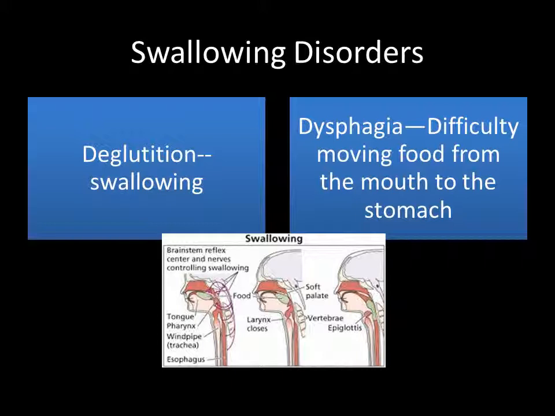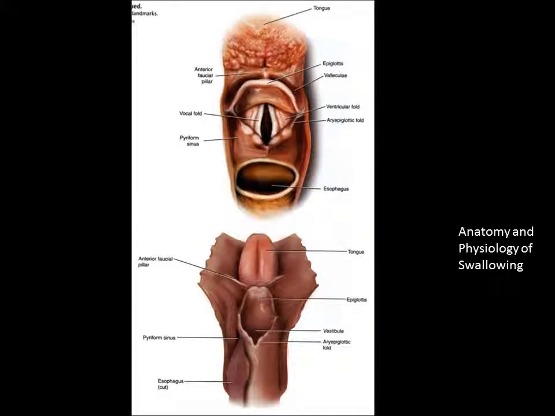There's also a picture here that shows you some of the structures that are involved in swallowing. Here's a little bit better view of some of the anatomy. Within the pharyngeal cavity, there are these pockets called vallecula and piriform sinuses.